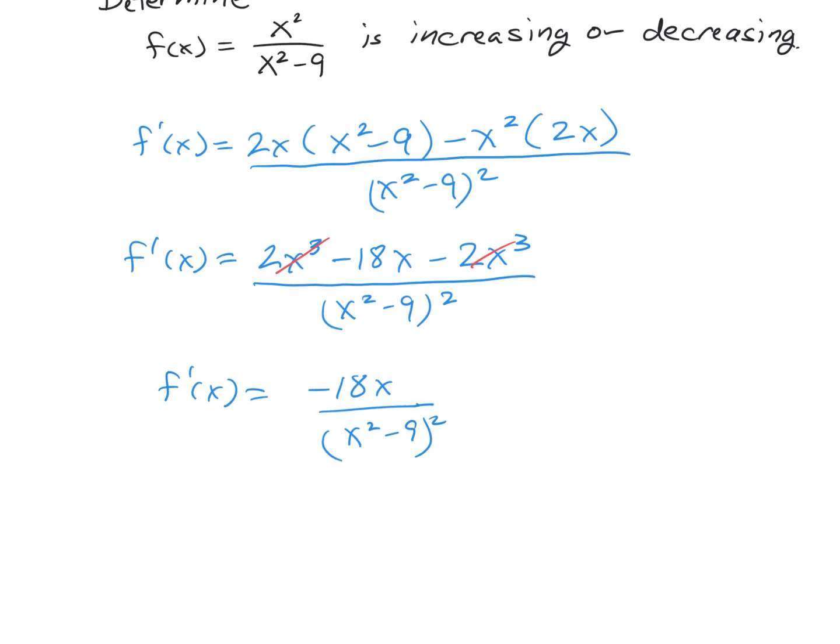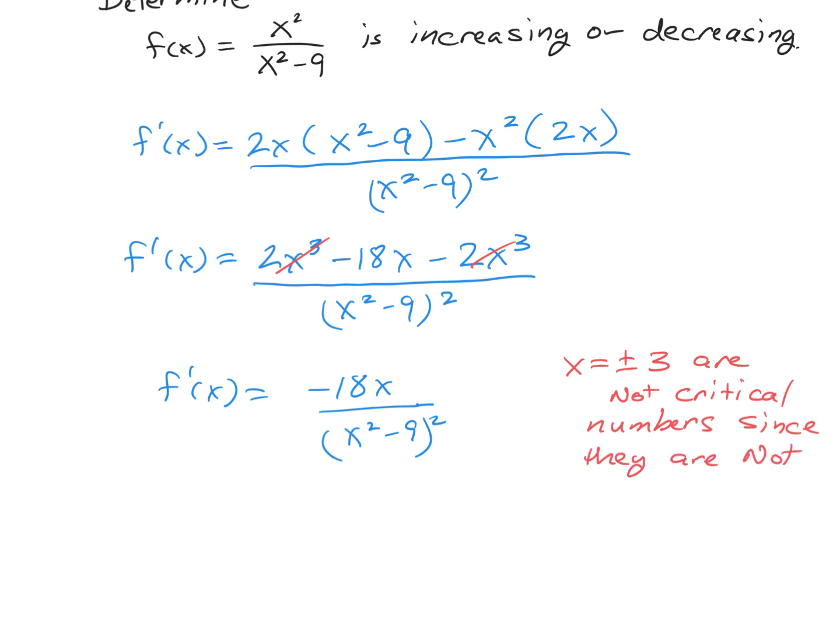So off to the side, very important to note that x equals plus and minus 3 are not critical numbers, since they are not in the domain of our original function f of x.